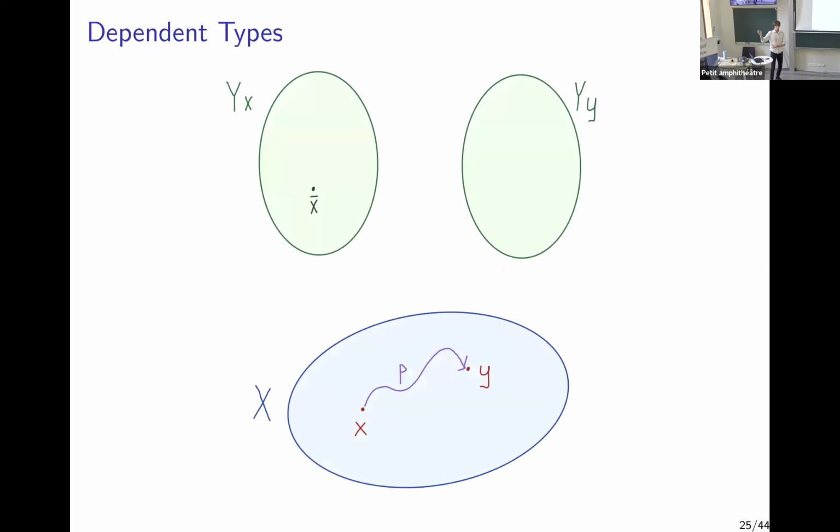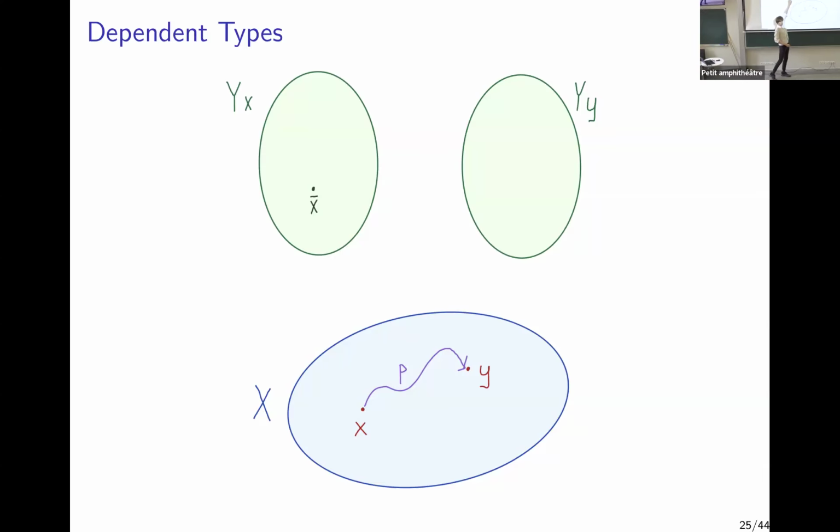Okay, so homotopy type theory is based on dependent types. And if you want to do homotopy type theory, you also need to understand dependent types. And I just wanted to make the drawing of dependent types. So we view dependent types as fibrations of spaces. How we think of this is that on the bottom, we have the space X that we've already seen, where I added points x and y to it.